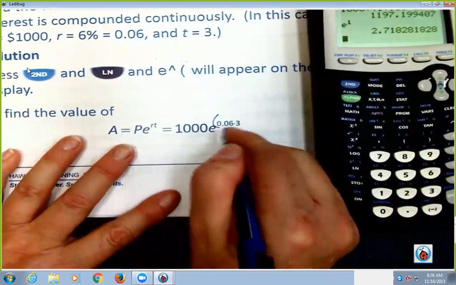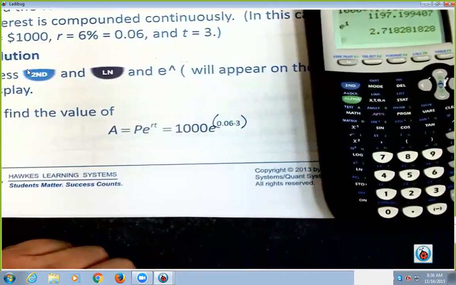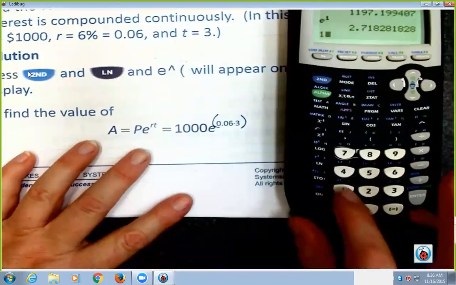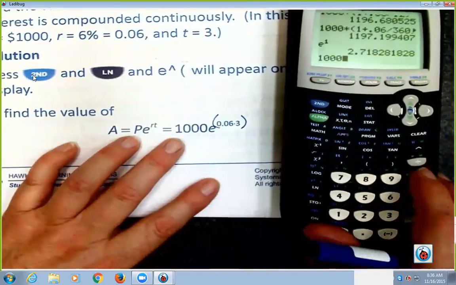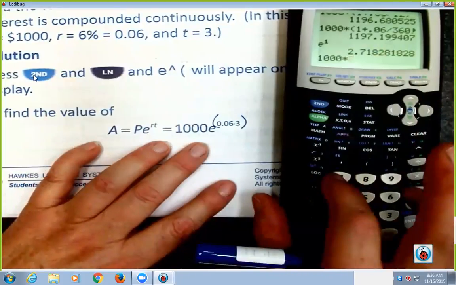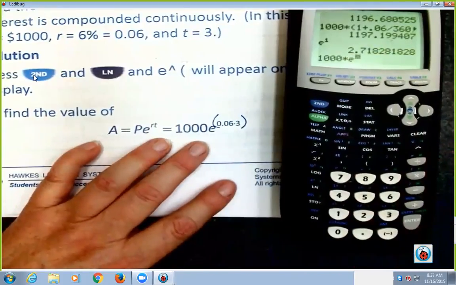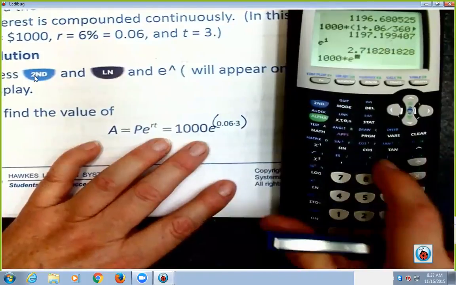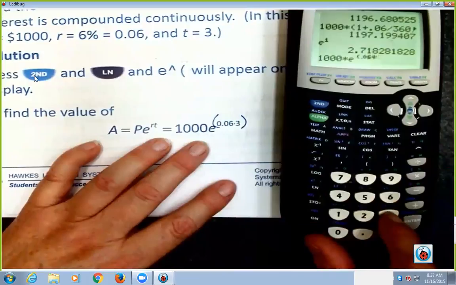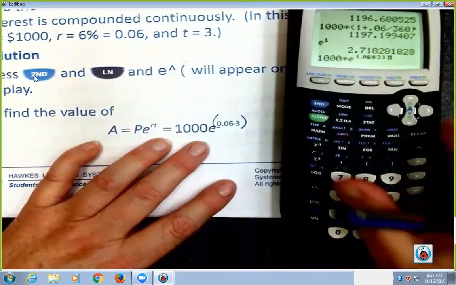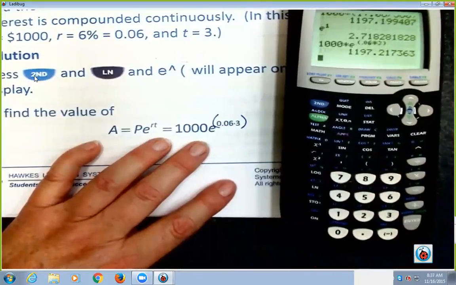And remember, this needs to be inside of parentheses when you do that. So put 1,000 on your calculator, times second, the natural log. So it'll put an e on my calculator. And then I need to go parenthesis 0.06 times 3, parenthesis, get it back down, and hit enter.